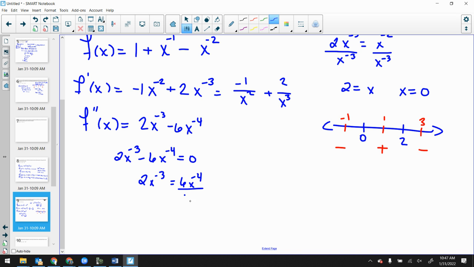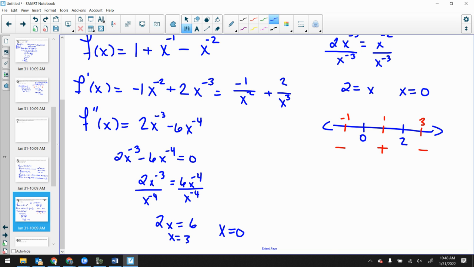Let's divide by x to the negative fourth. Negative 3 minus negative 4 is, again, a positive 1. So 2x equals 6, so x equals 3. But also x equals 0, because you not only have to consider the zeros, but also where this may not exist.